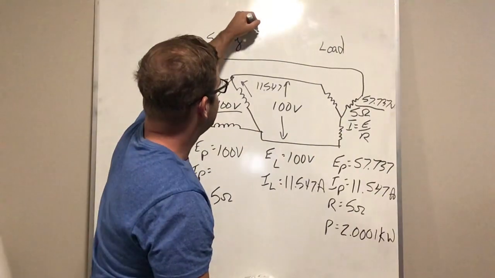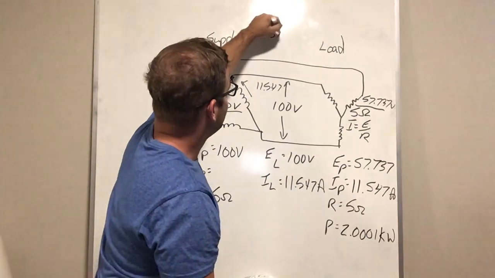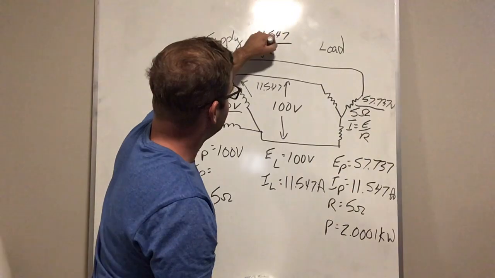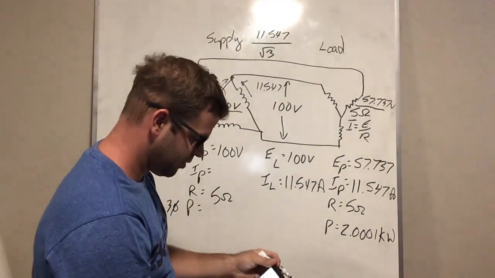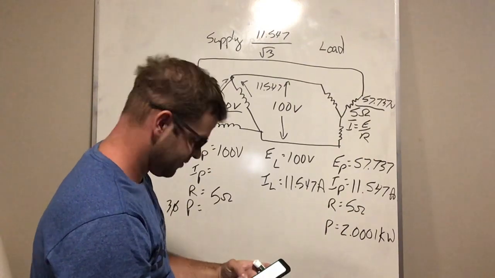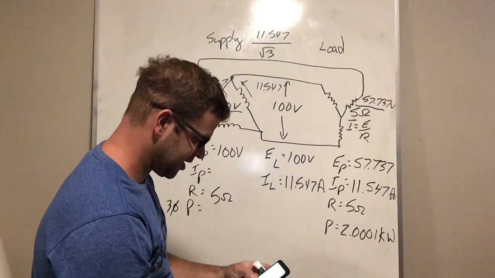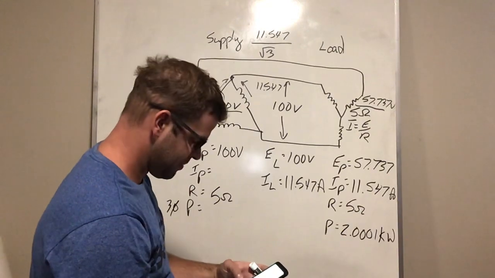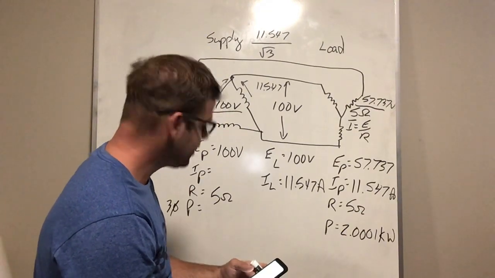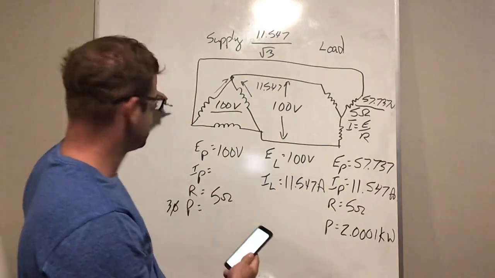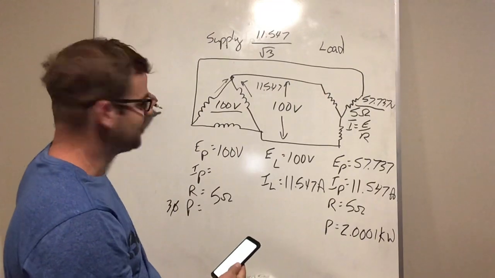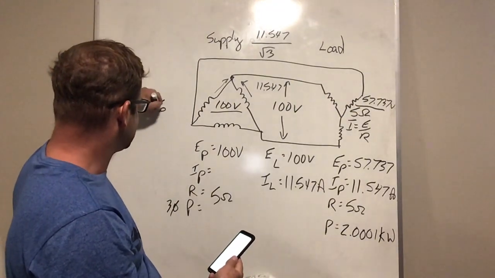So I take my 11.547 and I divide that by root 3, or 1.732, and I get a current of, a bad current, as you'll see here, 6.66.